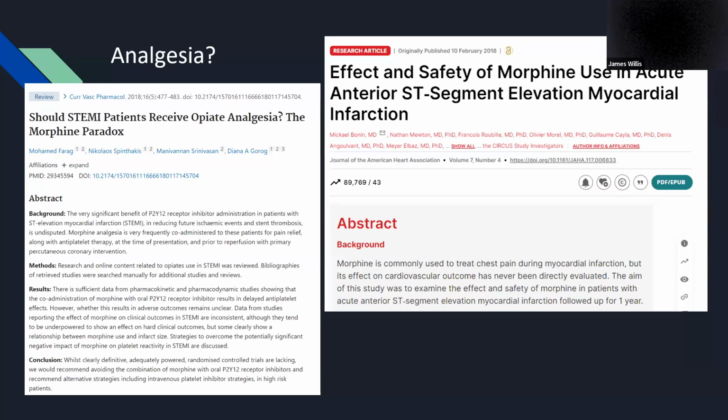They did their own meta-analysis, and they said overall there was no change in major adverse cardiac events at 1 year. As we discussed, we couldn't have given morphine to this patient, in the sense that if there was right ventricular involvement, that would further tank their blood pressure. But what we could have done was fentanyl, and you can start with 25 to 50 mics and titrate as needed.